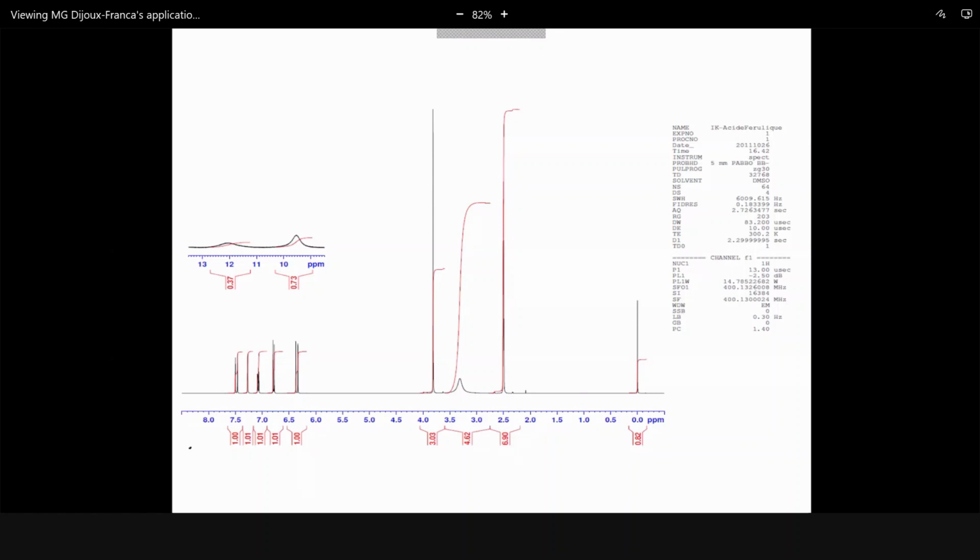Okay, so here you have the scale of the chemical shifts. What can you tell me? This is the solvent, the reference, so don't care about that.